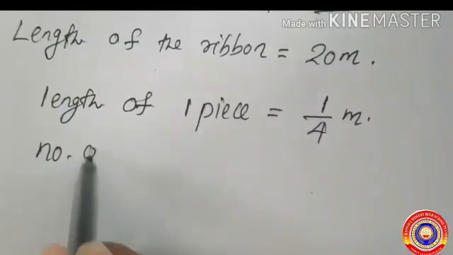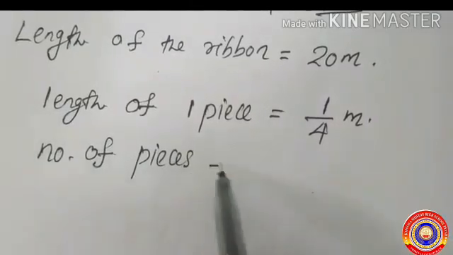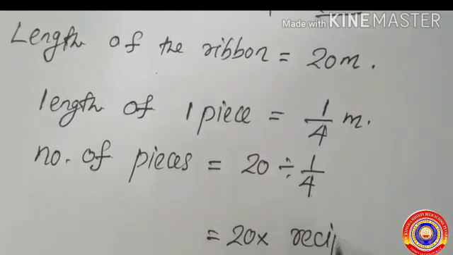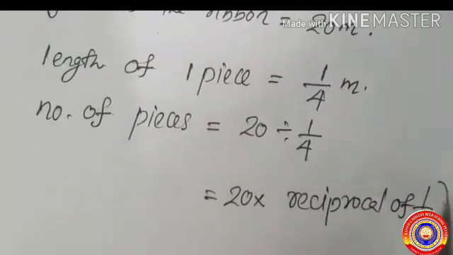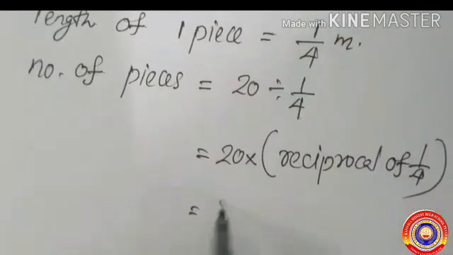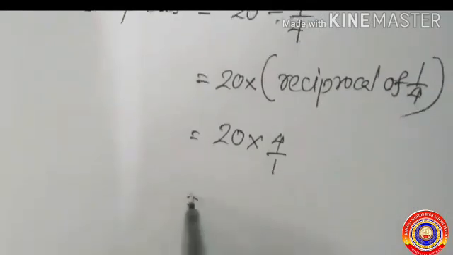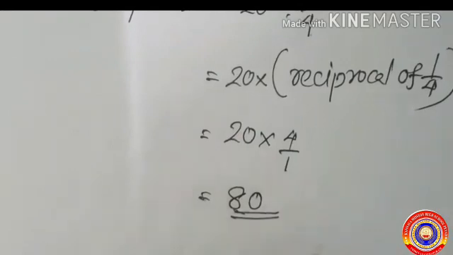Then, number of pieces equal to 20 divided by 1 by 4, which is 20 into reciprocal of 1 by 4, which is equal to 20 into 4 by 1, which is 80. So, total number of pieces of ribbon equal to 80.